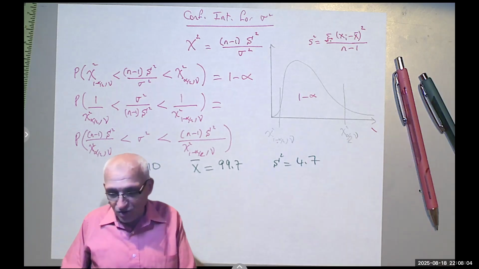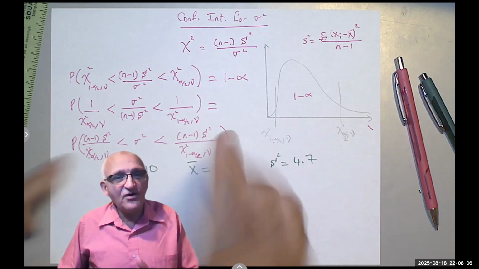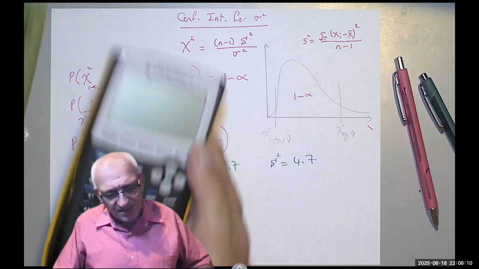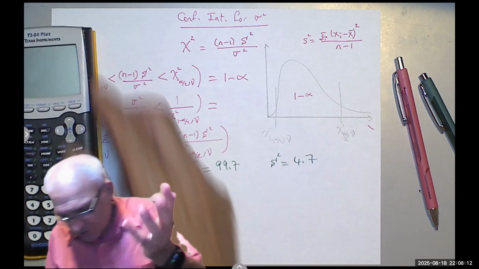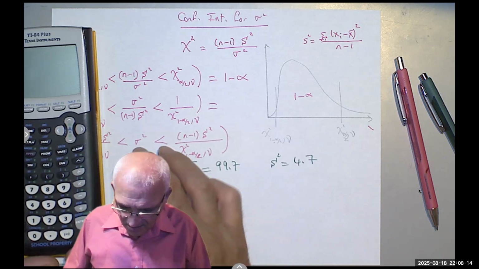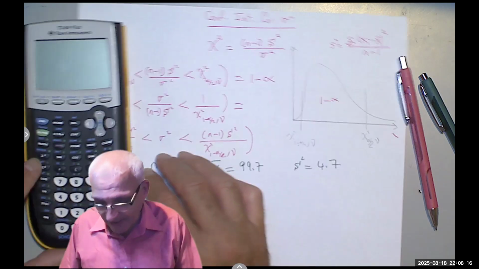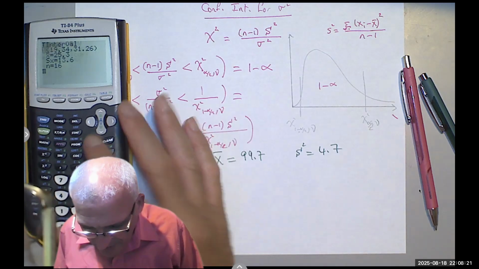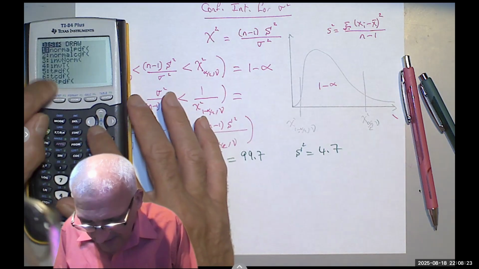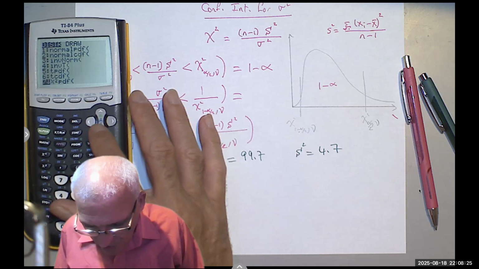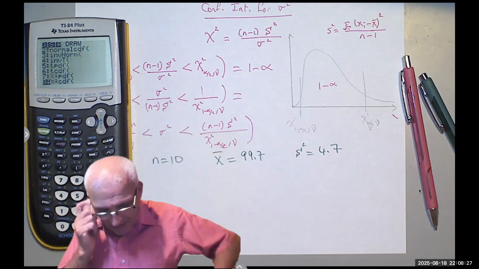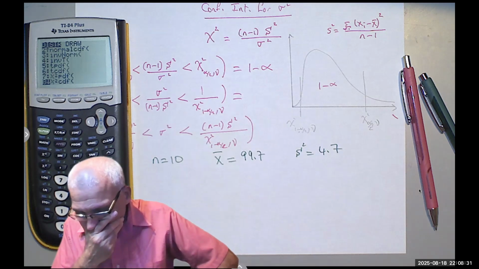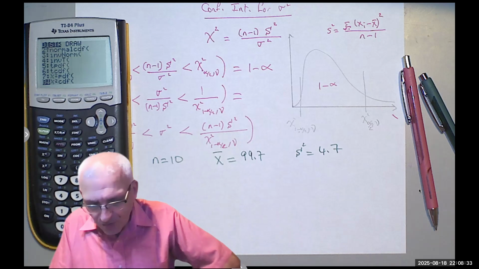The problem is I don't know chi-square alpha over 2 and degrees of freedom. I think you can get it from the calculator. I never use a calculator for that. I usually use either R Studio or Python, as I said. Let's see, I should have checked that before, but there is a chi-square here, but I don't know if this is chi-square for the, that's a cumulative distribution.